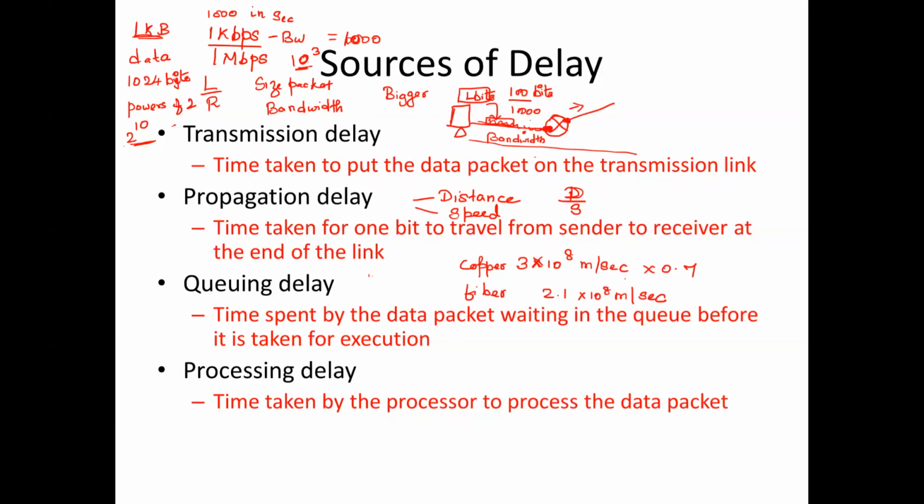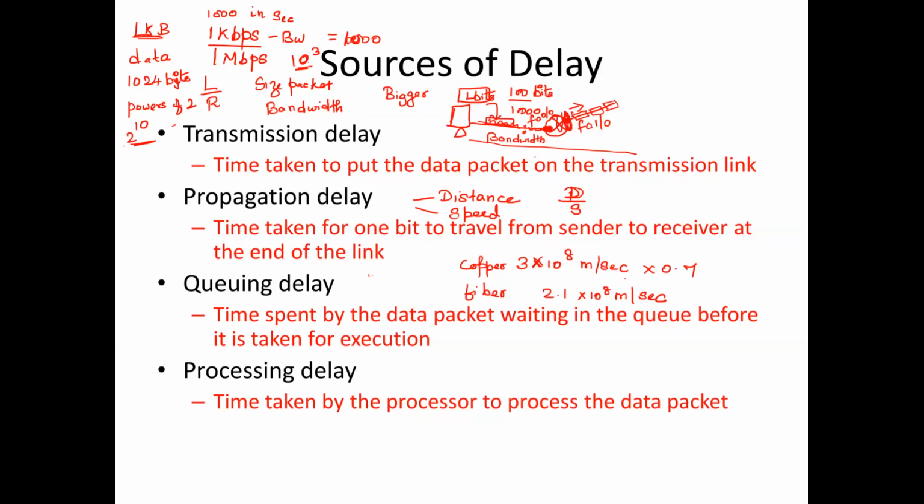Let's say it is arriving through the FastEthernet FA0/0, and it is going to be sent through the FA1/0 interface. When it is going to be sent out, let's assume there are already some packets in the medium being sent. In that case, the packets which are already processed have to wait in the queue here, waiting to get onto the medium. So the waiting time is called the queuing delay.